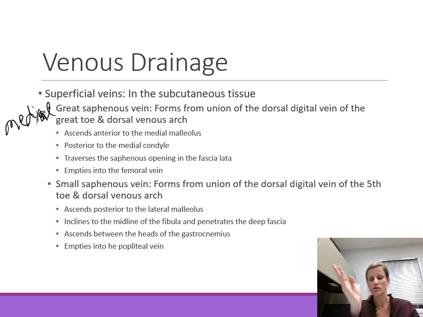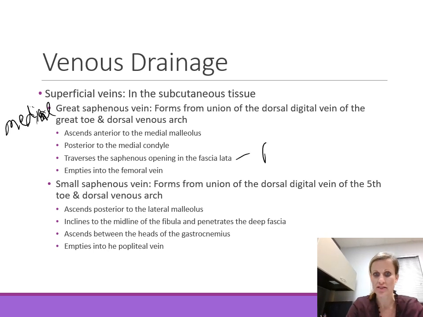And then as it goes up the medial side of the leg, it kind of goes towards the back a little bit and passes posterior to the medial condyle. It then goes deeper in the leg. It traverses, or goes through, the saphenous opening in the fascia lata. The fascia lata is the deep fascia of the leg or the thigh.